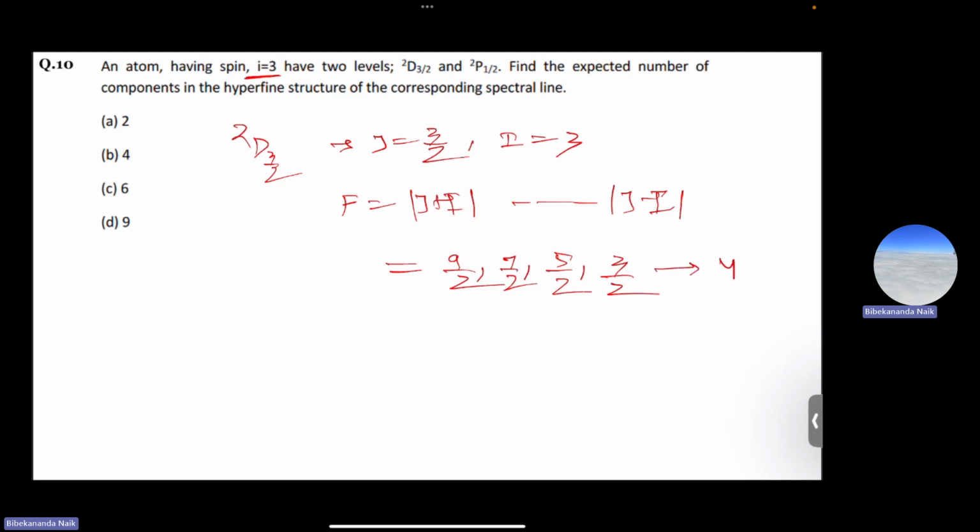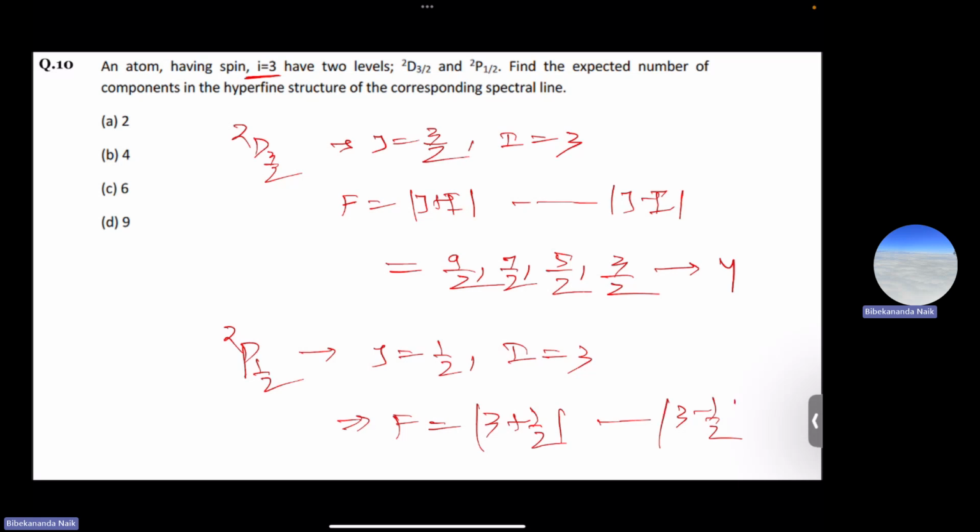So there are 4 F values, and again for 2P 1/2, J is 1/2, I is 3. So F will be 3 plus 1/2 and 3 minus 1/2. So 3 plus 1/2 is 7/2 and 5/2.